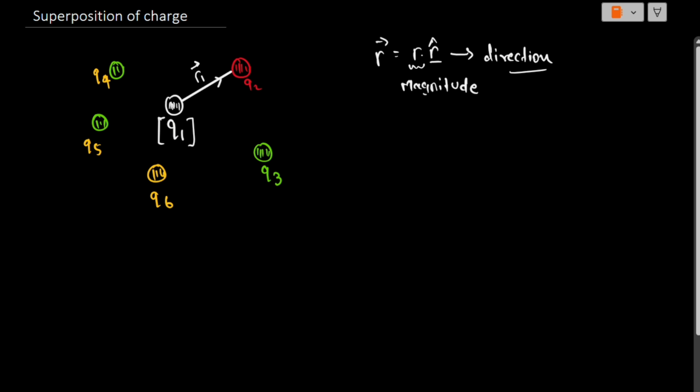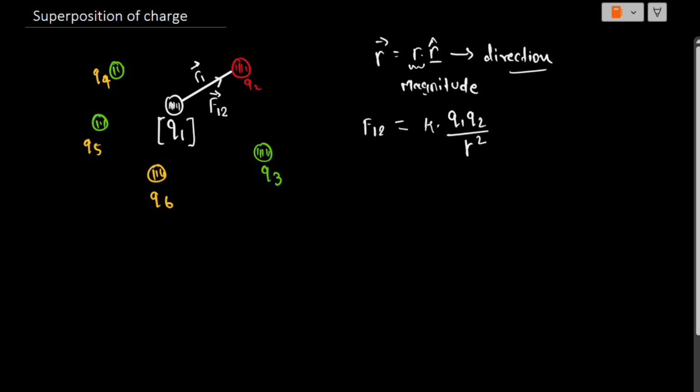Now the force between these two charges is what we call F12, obviously, because we have the Q1 charge and the Q2 charge. The force between these two charges can be written by Coulomb's law. So F12 would be equal to K Q1 Q2 over R square.